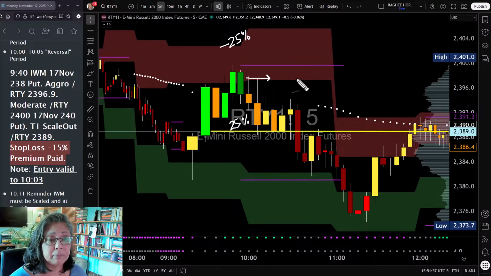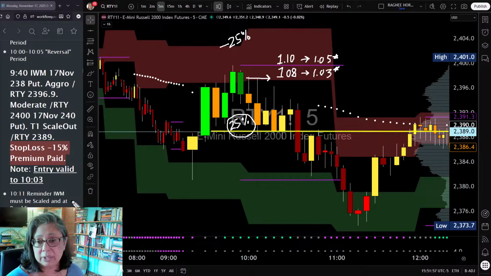For example, I spent $1.08 and $1.10 on the puts, which means my stop loss is going to be $1.05 if the option value reaches $1.05 or $1.03. So as long as the option doesn't drop back down to these 2 levels, that leaves my break even stop untouched. So we scale out once at 238.9.